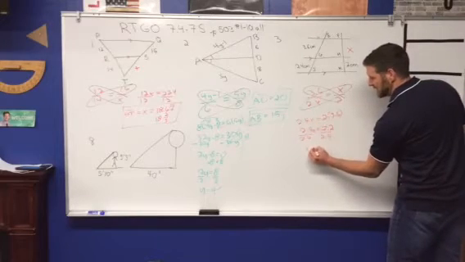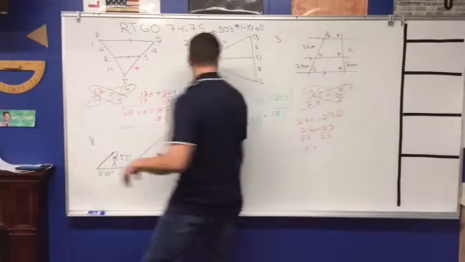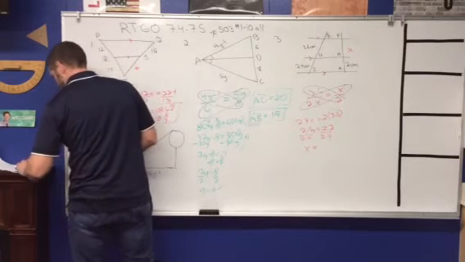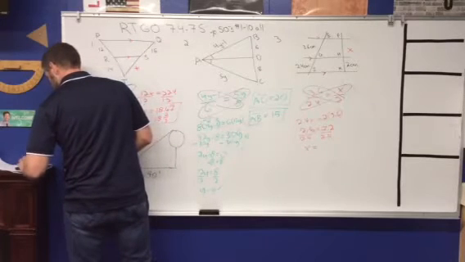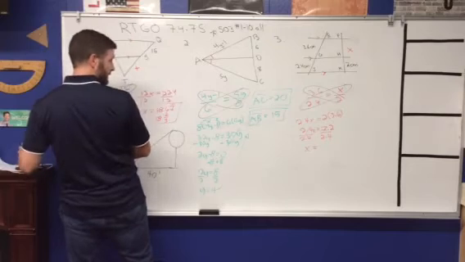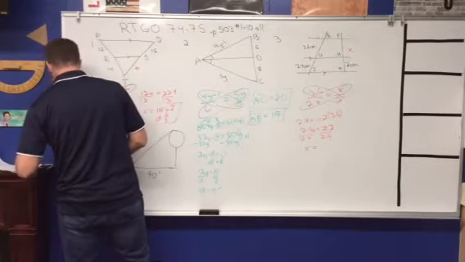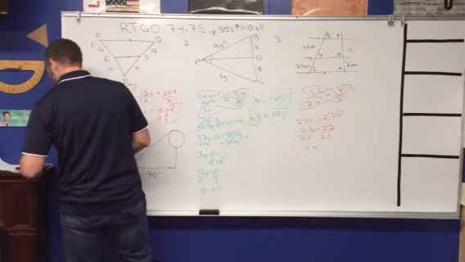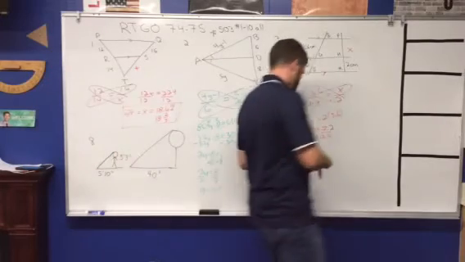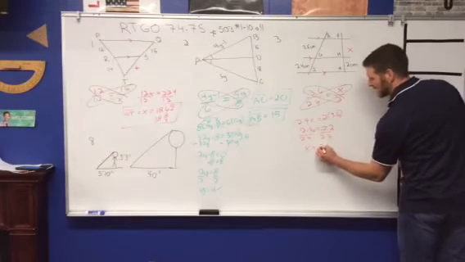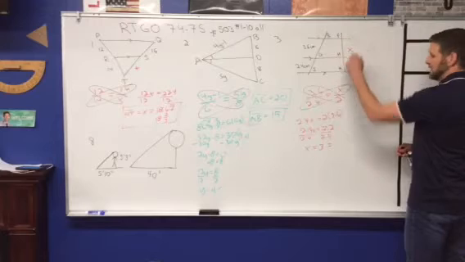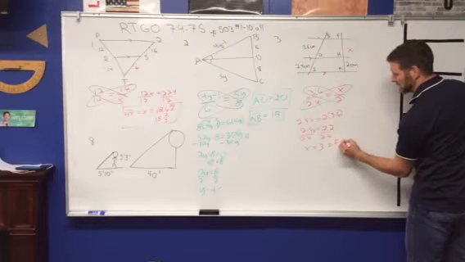Cancels out. x is equal to, let's go ahead and check it. Should have known that. Just good old 3. So x is equal to 3, which is the distance of FH.